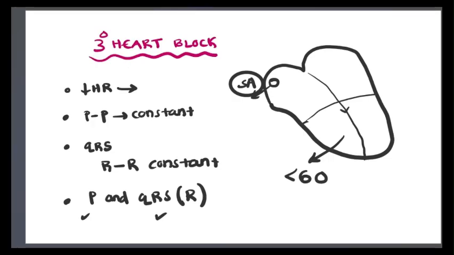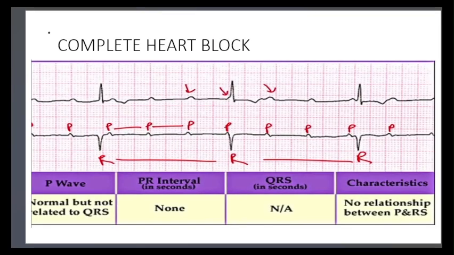All right. So these are the important features of third degree heart block. Now let's see an image. This is an ECG of complete heart block or third degree heart block. If you look at this ECG strip, you can see here I have already marked this P wave. Can you see? The P wave is happening at a regular interval, but this P wave is not followed by a QRS complex. So an RR interval is always going to be constant. 1, 2, 3, 4, 5, 6, 7, 8.